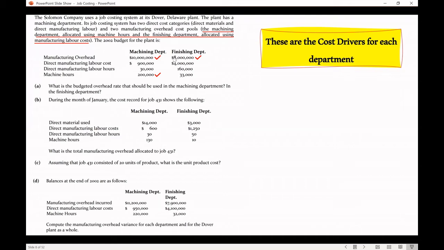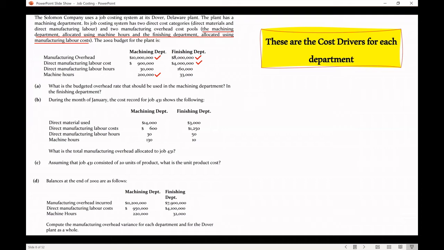If we go back to the opening paragraph, it says the finishing department allocates based on what drives its cost: manufacturing labor cost. Here you have labor costs and labor hours, so be careful what you're using. So the cost driver for the finishing department is $4 million.